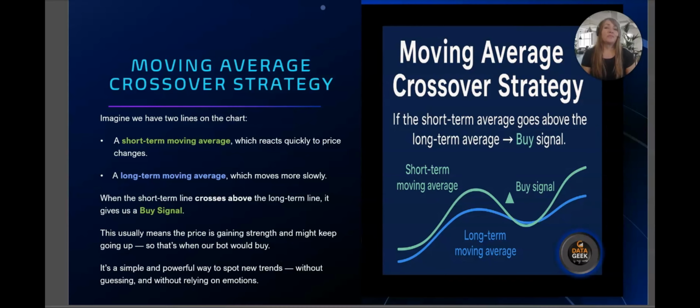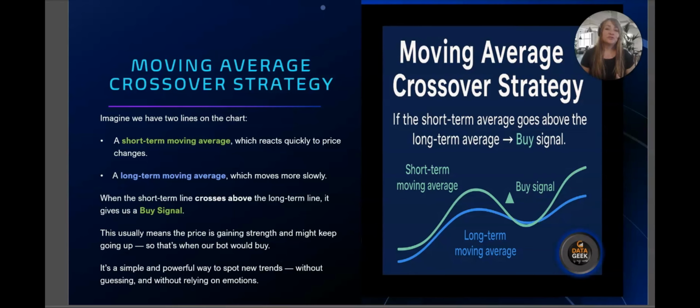Let's quickly talk about the moving average crossover strategy. So what does this even mean? Imagine we have two lines on the chart. You can see the blue line and the green line. The short-term moving average, which is the green line, reacts quickly to price changes. And the long-term moving average, which is the blue line, moves more slowly.